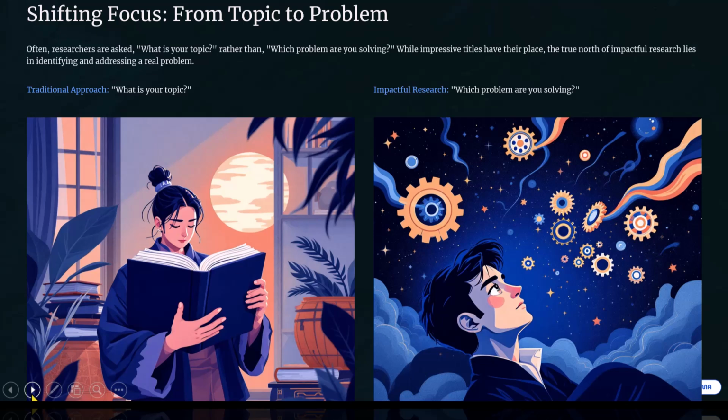You can see that we have two pictures here. This is somebody who is actually looking at the books to find a topic, which I refer to as the common traditional approach. And the impactful researcher one is to actually ask yourself, which problem are you solving?